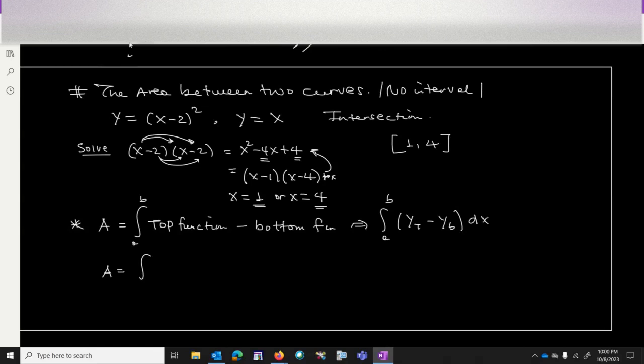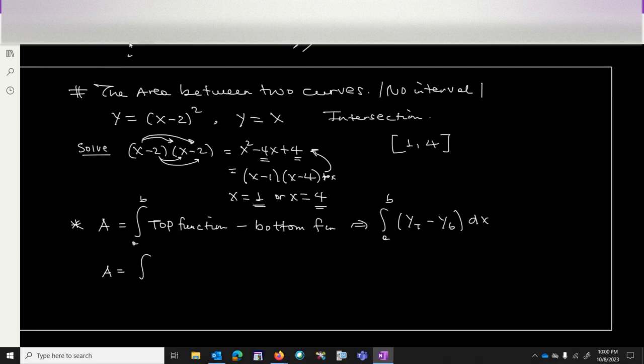The other important point here is you have to identify which one is the bottom and which one is the top function. That's very important. So you need a good background of knowing the graph simply by observation, or you can draw them in a calculator and see which one is on top and which one is at the bottom.